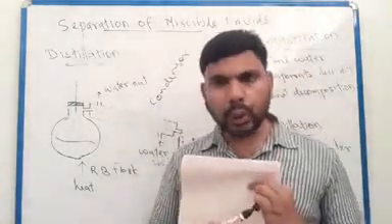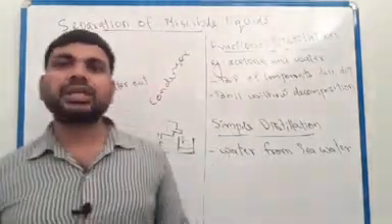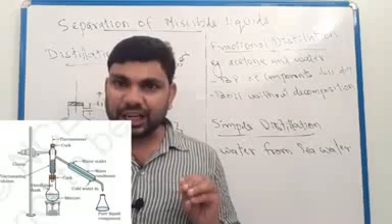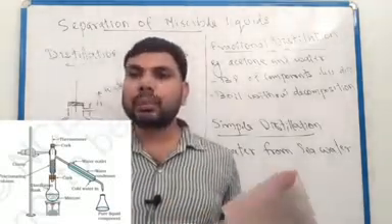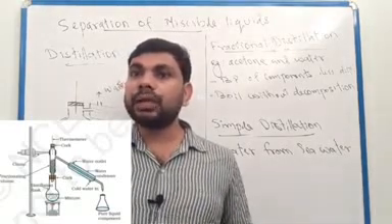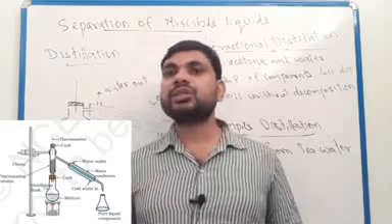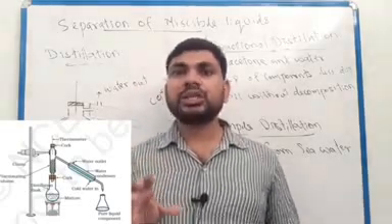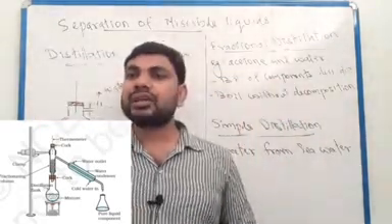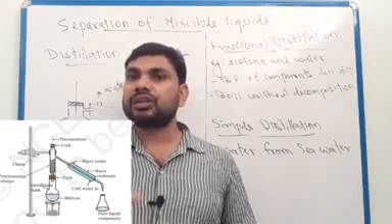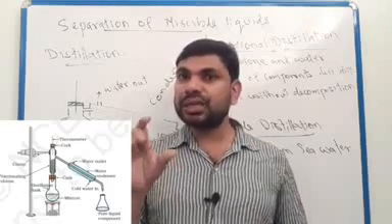I told you there are two different types of distillation, simple distillation and fractional distillation. Fractional distillation is used when the boiling points of the different components of the mixture are very close to each other. Very close means the boiling point difference is less than 25 Kelvin.